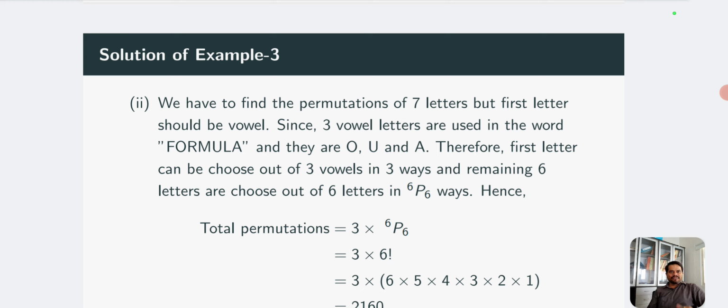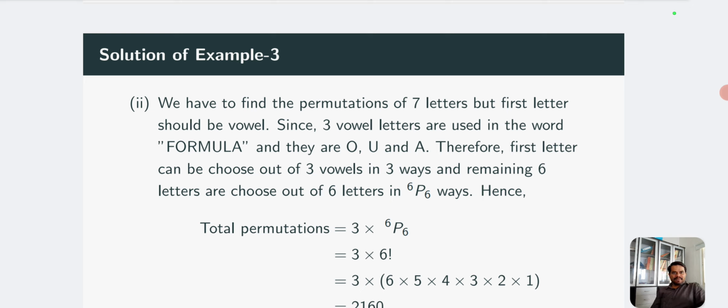Therefore the first letter can be chosen out of 3 vowels. Do you understand my point? We choose the first letter out of these three in 3 ways. After that, the remaining 6 letters can be arranged in 6P6 ways.